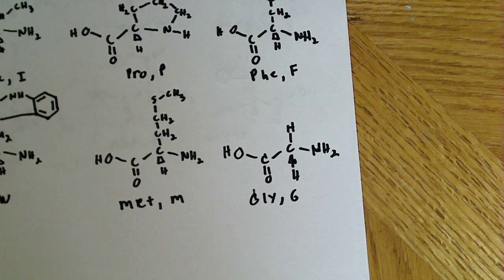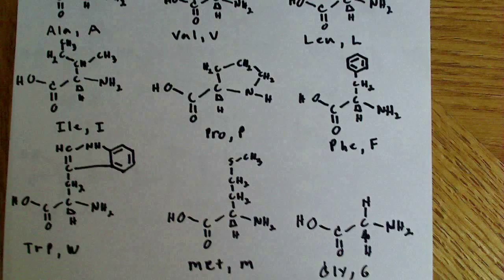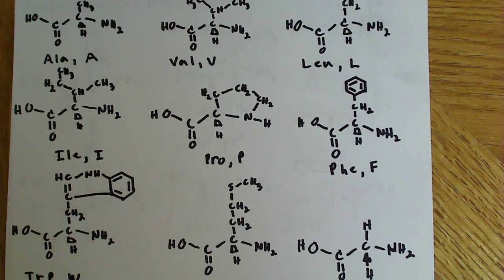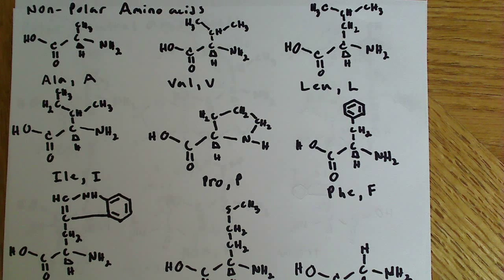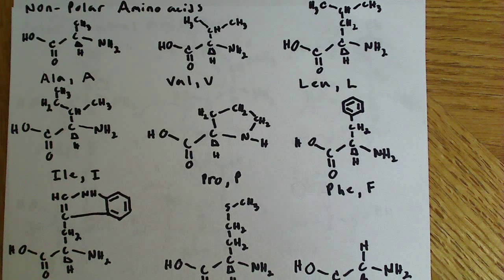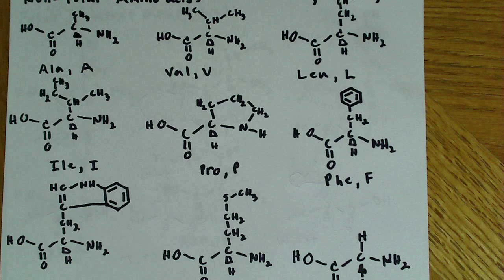And it's the simplest amino acid, very small, and can also disrupt the structure. So I don't know if I can get all these on camera at the same time. It doesn't look like it, but those are the nonpolar amino acids. The best tip I can give you for drawing these is to just simply sit down with them and continue drawing them over and over again. A few times, I'd say about 5 times, and you should start to really get the hang of what's going on here.